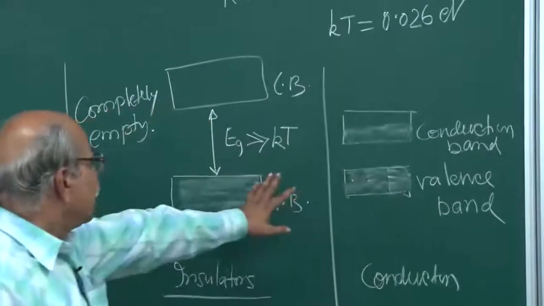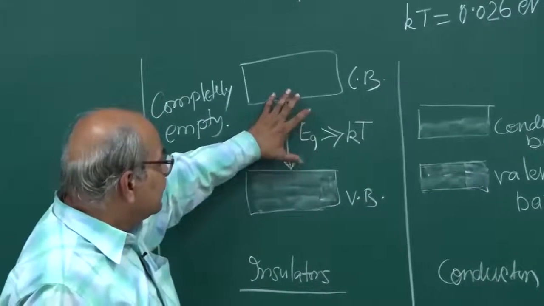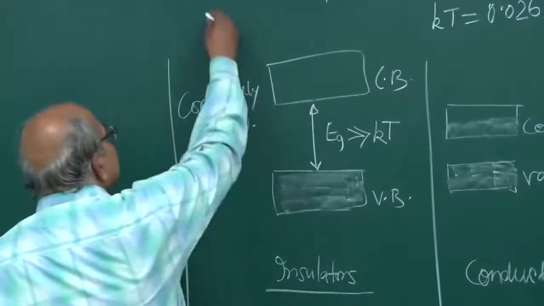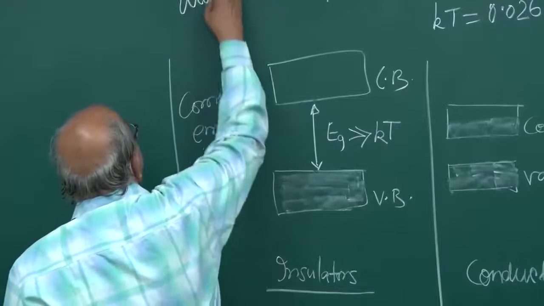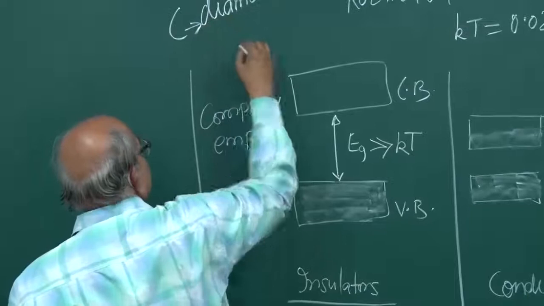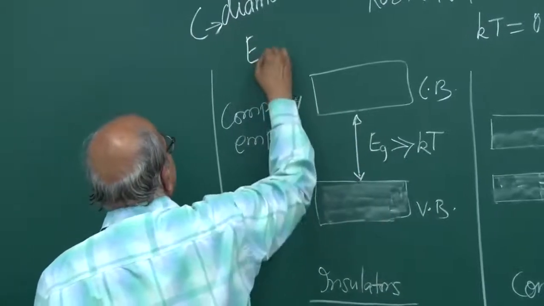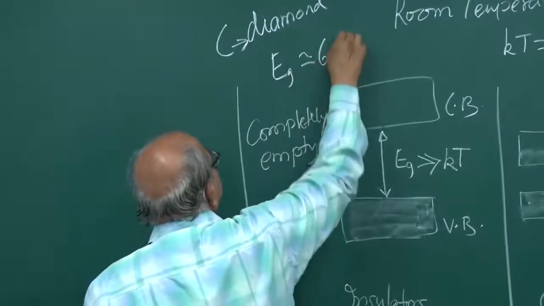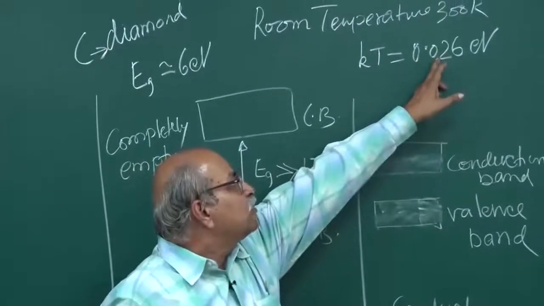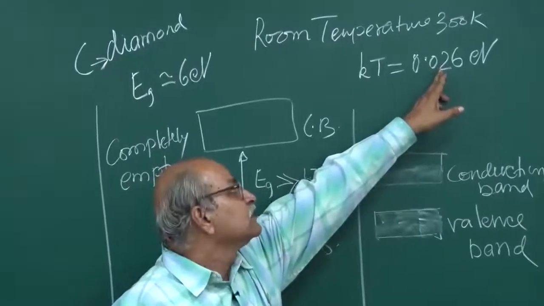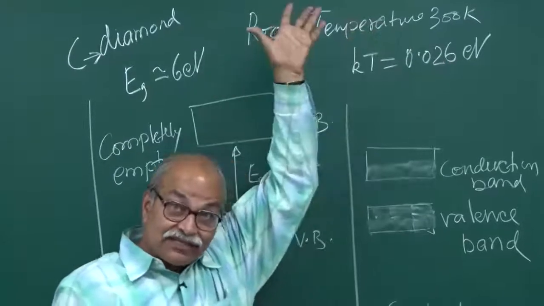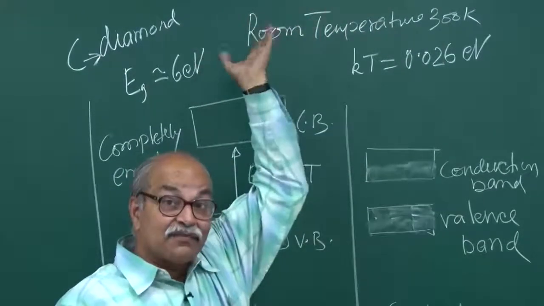So if you have this kind of situation where this gap is large, let us say for example carbon in diamond form, this gap Eg is about 6 electron volts. So compare, 10 times of this will be 0.26, 100 times will be 2.6, and this is 6, so several hundred times this kT.